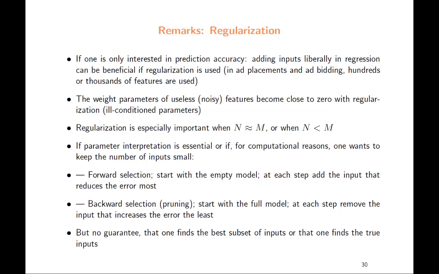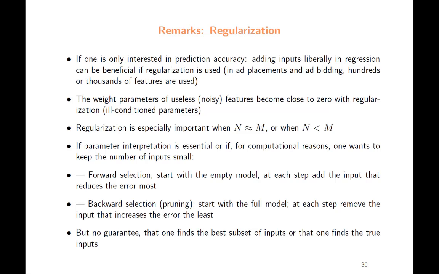But of course, if you want to interpret your model, and also for computational reasons, maybe you want to keep the number of inputs small. And there are two basic strategies. One is forward selection. You start with a model without any inputs, an empty model, and at each step you add the input that reduces the error most. And backward selection, pruning: you start with a full model, and at each step you remove the input that increases the error the least.